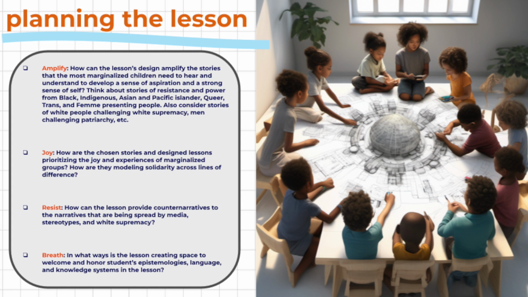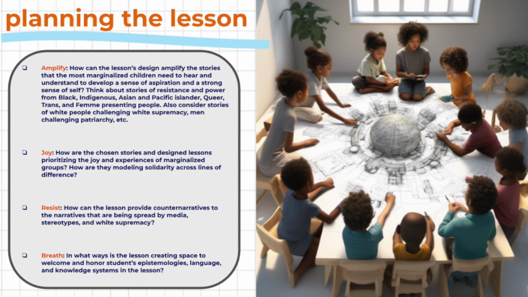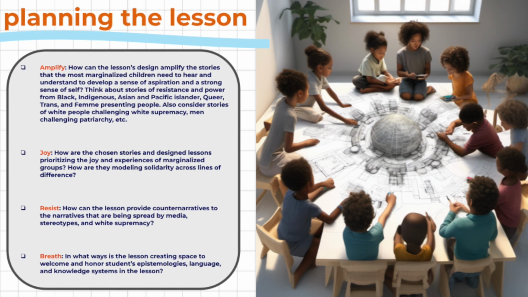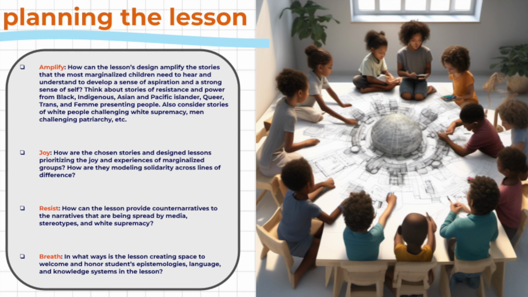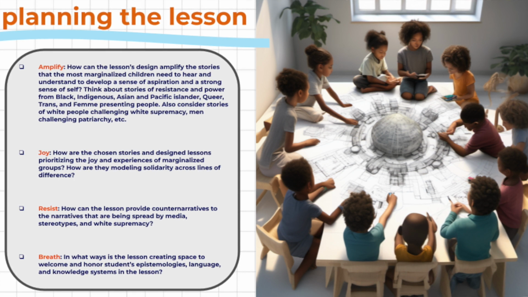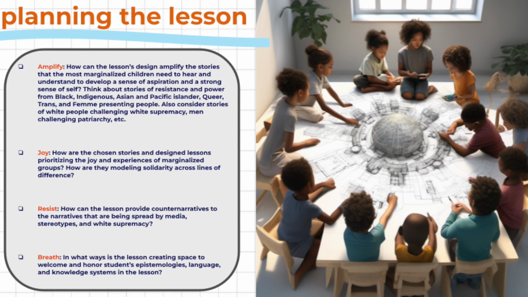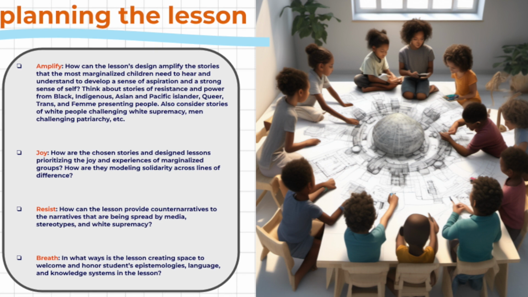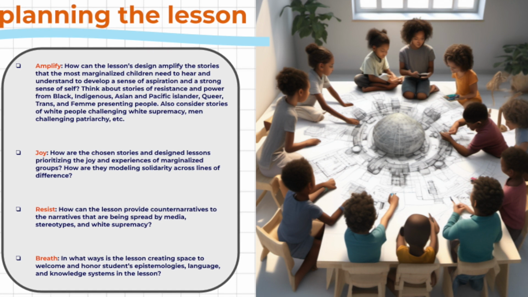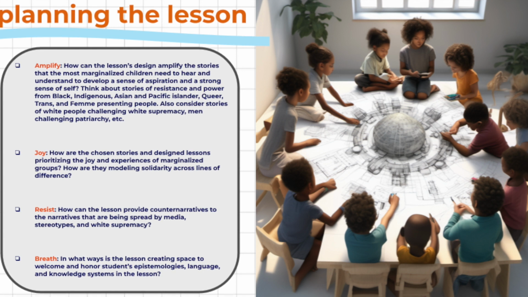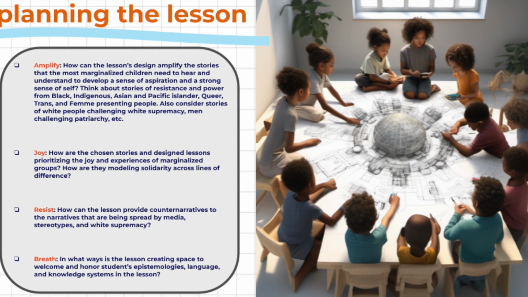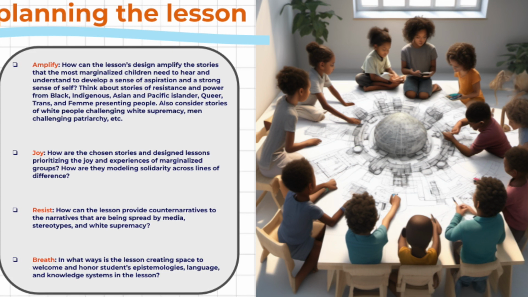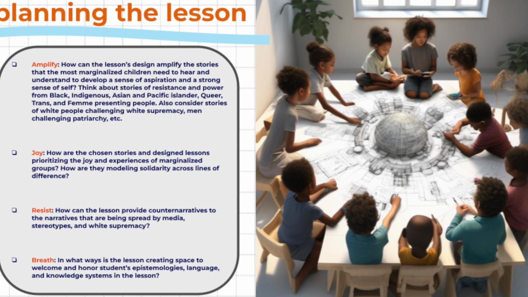Also consider stories of white people challenging white supremacy, men challenging the patriarchy, and etc. And I say this because a lot of the times, Caroline and I do the work in banned books in the universe, in the metaverse, and we often talk about how a lot of the books that we read in our schools don't necessarily represent, for example, who I am or who she is and who other people are. And so it's important that we also think about, do the texts and the lessons that we provide allow for us to learn across lines of difference? And so, how do we amplify those stories, even though they're not the most popular texts?